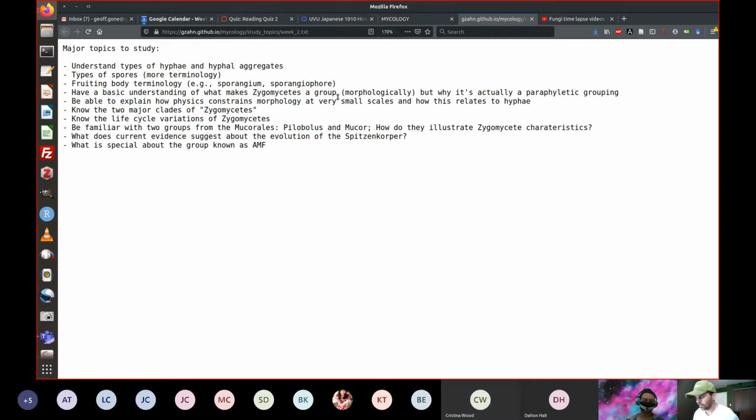A Spitzenkörper is nice in that it's really clear on a microscope, and so we can make movies of it moving around. This AVC, this crescent, is less of a structure, and it's easier to identify when you stain certain proteins like actin or something like that.